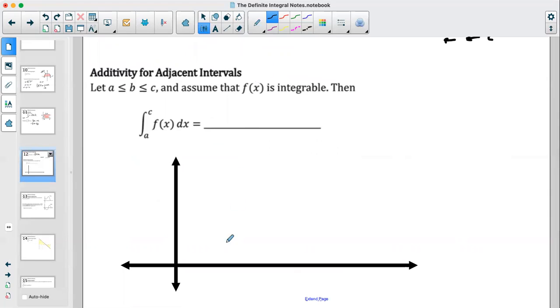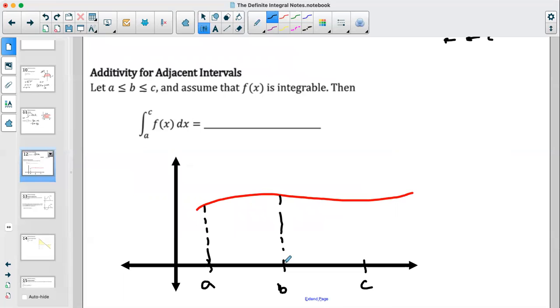Additivity, okay, so let's say I have a to c now, and there's a b in the middle. So like I have some curve that looks like this or whatever. Basically this is saying you can split up these intervals if you want to, and you just add the pieces together.